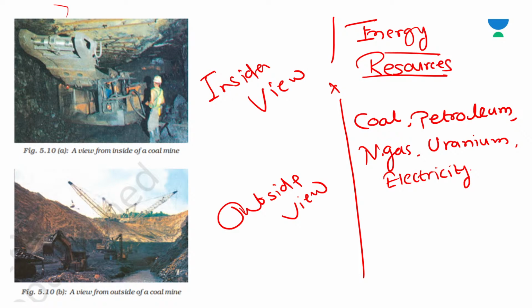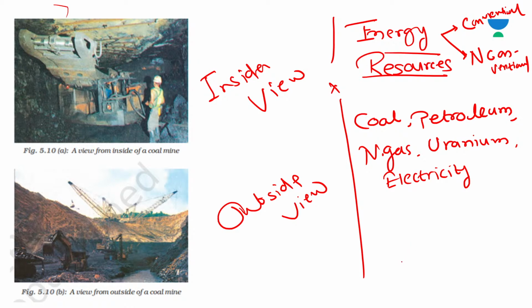Now, energy resources can be classified as conventional and non-conventional sources.